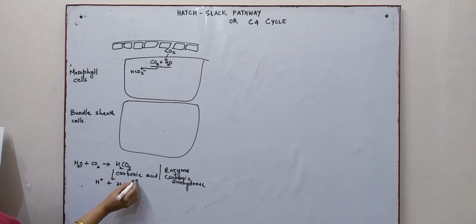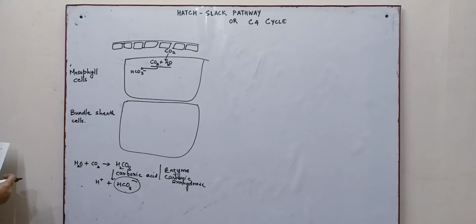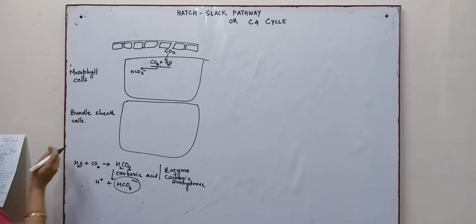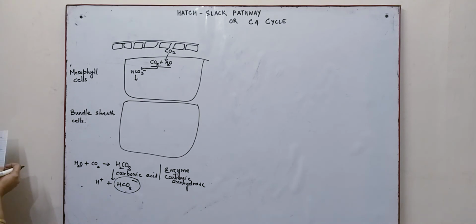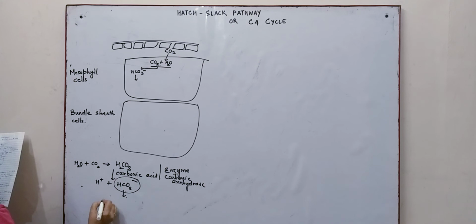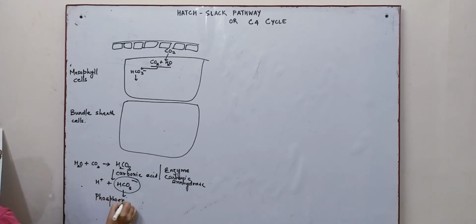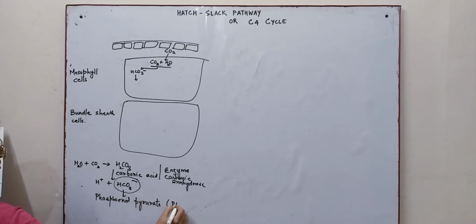Now this bicarbonate which is formed over here is accepted by phosphoenol pyruvate, or in short it is referred to as PEP.